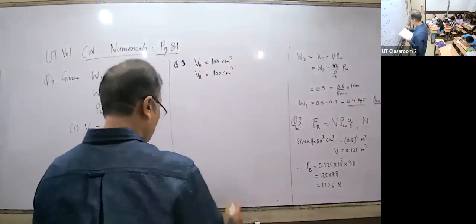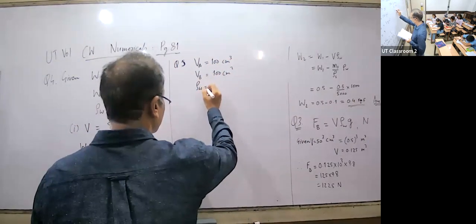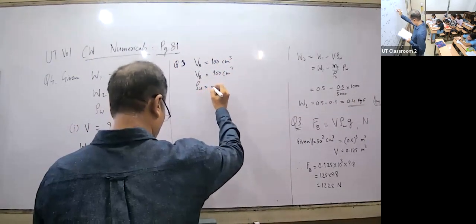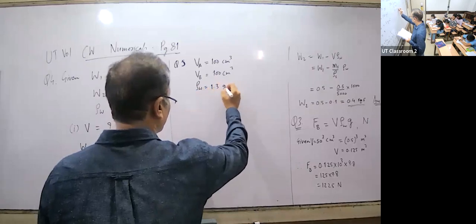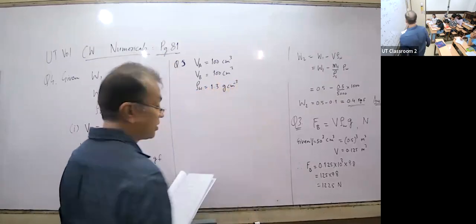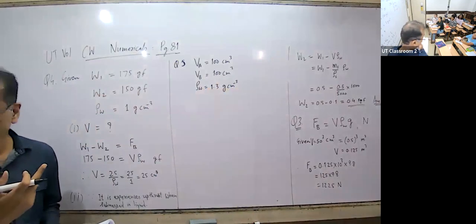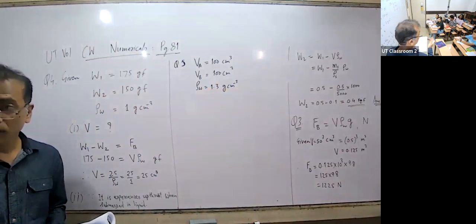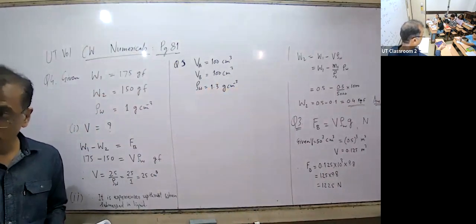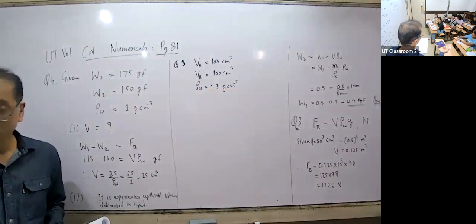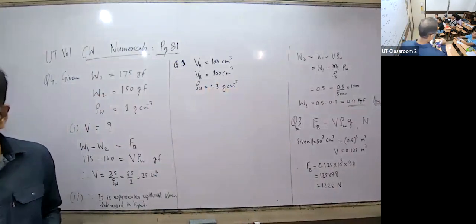They are placed in water. So water density is given to you as 1.3 gram per cubic centimeter. You would say water density is 1, but here it is given as 1.3. Water is available in river, sea, pond, muddy, whatever, so density could be different, right?